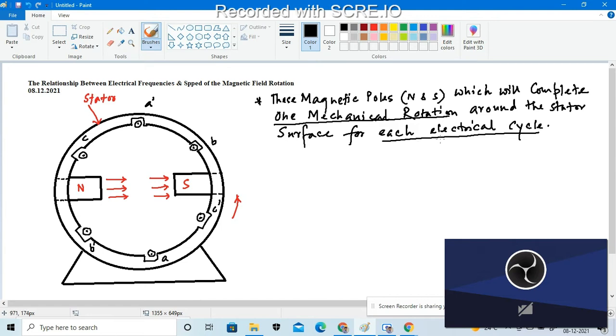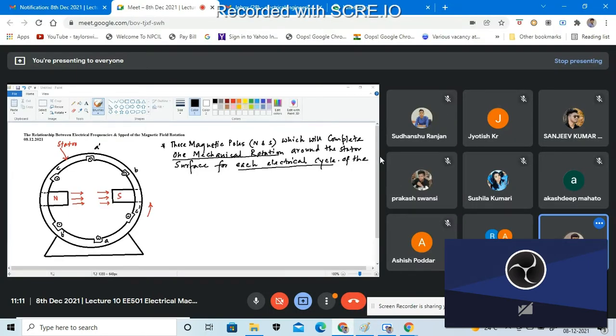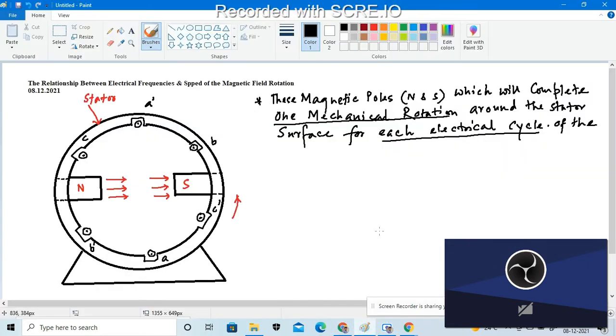That means whenever the current is applied, only then will the flux be generated. So for each electrical cycle of the applied current, this is a very important point, right?